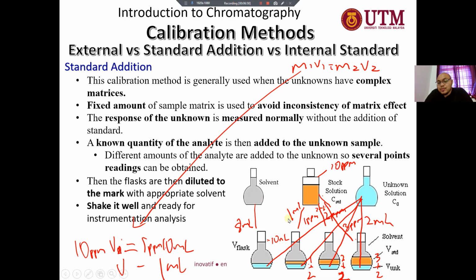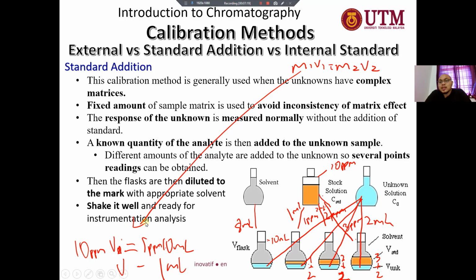Here 2 plus 2, so you need to add 6 mL of solvent. And this 2 plus 3, we already have 5 mL inside there, so you need to dilute with another 5 mL of solvent to complete the 10 mL flask. Then you need to shake it well and it is ready for instrumental analysis.